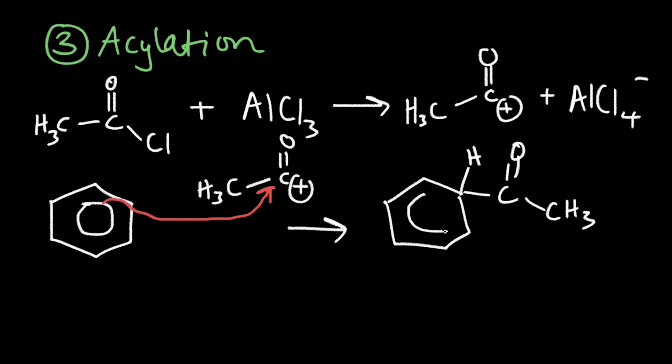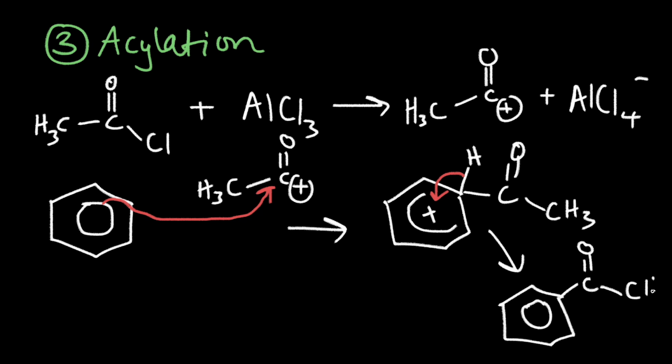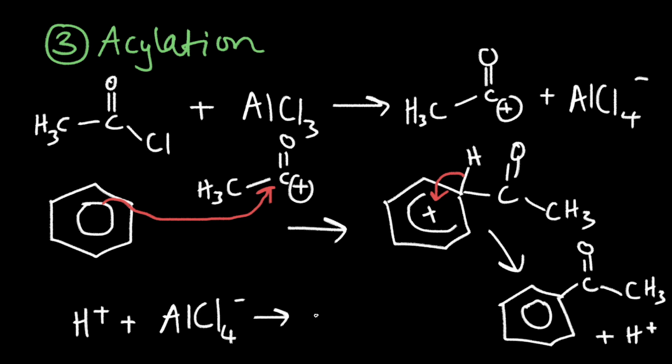And as before, this is going to have the horseshoe with the positive charge. Then the CH bond breaks to make this, which is our product. And to regenerate the catalyst, we just do the same as before, react H+ with AlCl4- to give us HCl and AlCl3.